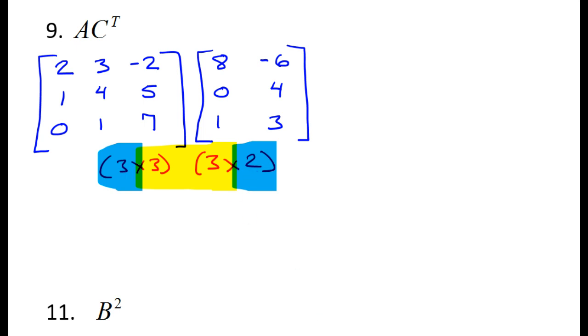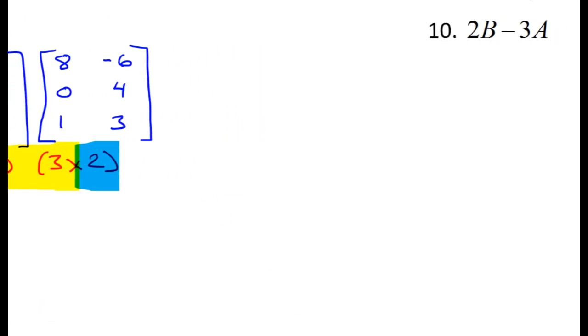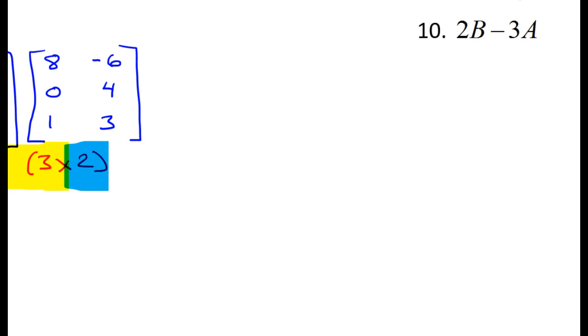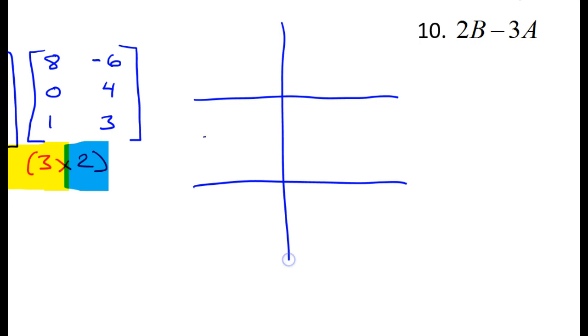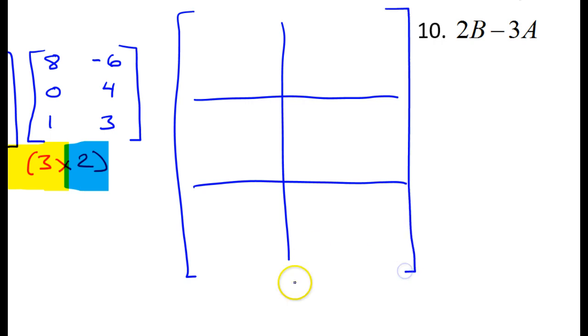So I need to set up a giant 3 by 2 matrix right now, which means 3 rows and 2 columns. Here is my giant 3 by 2 matrix setup, and this is where I will do all my work.